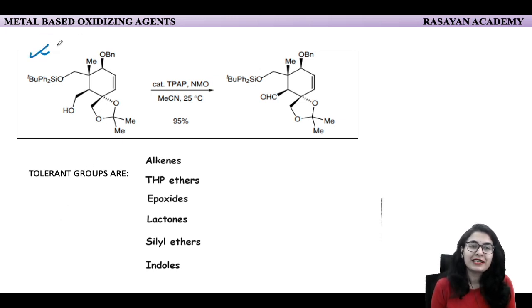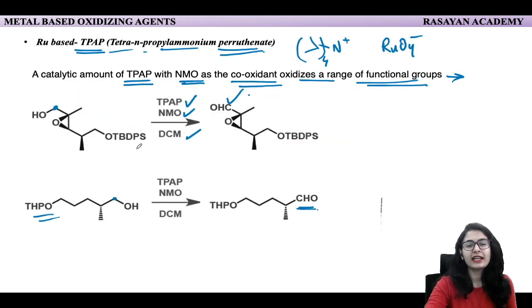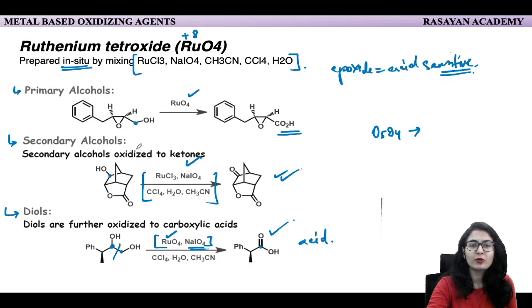Next example, this one taken from Caruthers. So you see catalytic amount of TPAP. So you have a primary alcohol. प्राइमरी अल्कोहल का ऑक्सीडेशन करता है एल्डिहाइड में, और जस्ट यहाँ पे थोड़ा सा डिफरेंस था इसमें, that ruthenium tetraoxide if you are taking primary alcohol to acid directly.